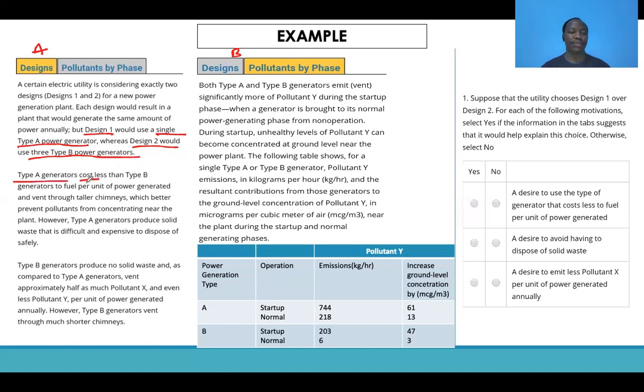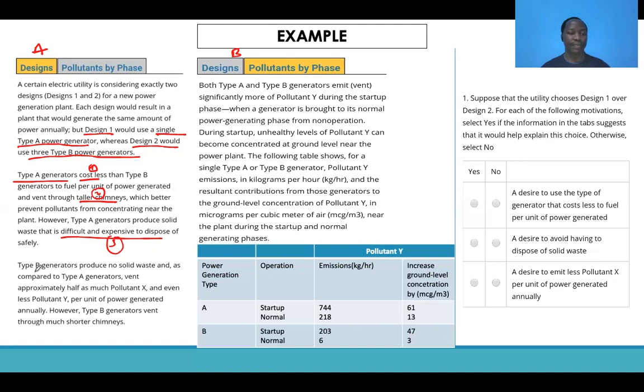We're being told they cost less to fuel than type B generators, and they have taller chimneys which help disperse pollutants away from the plant. But type A generators produce solid waste that is difficult and expensive to dispose of safely. So these are 3 sets of information about type A generators that we have to keep in mind.